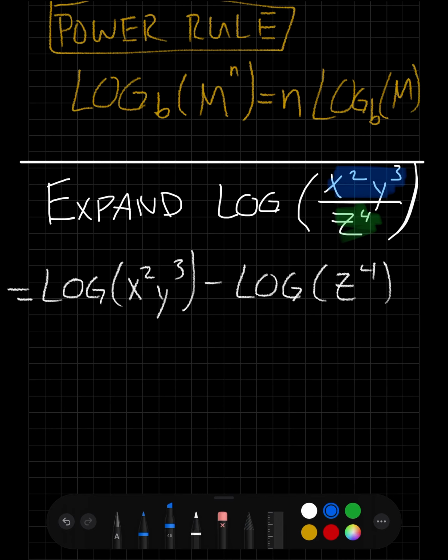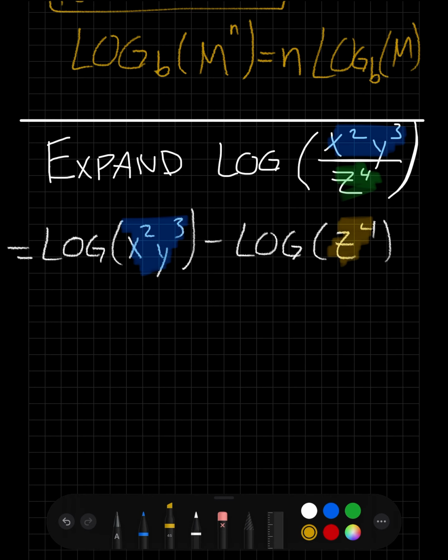And now I see that I have some things still here. I have some products and I have some exponents. Here I just have some exponents. So I'm going to use my product rule next.